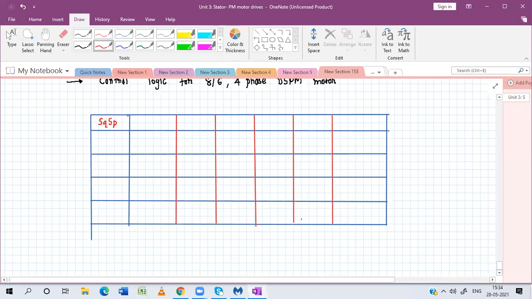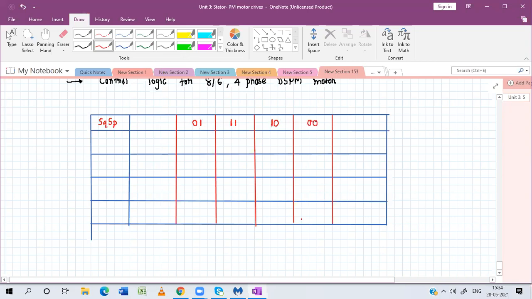Now consider that the first combination is 0 and 1. It means the SQ optocoupler is not getting any signal, SP is getting. Then 1 1, both are getting a signal. Then SQ is activated, SP is not activated, and both are inactivated.